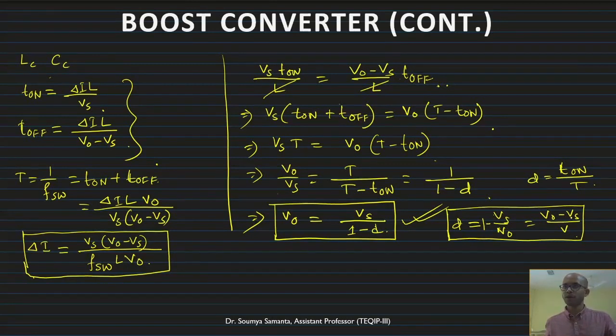If we see this part, (Vo minus Vs) by Vo is nothing but the duty cycle. Therefore, delta I equals Vs into duty cycle by L into FSW. This is the final expression of delta I.